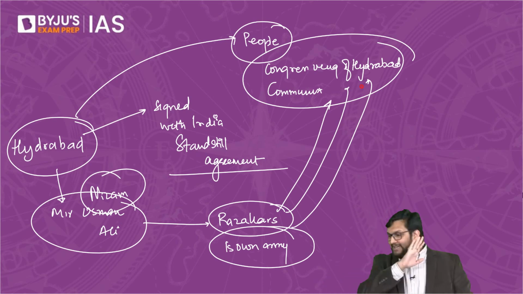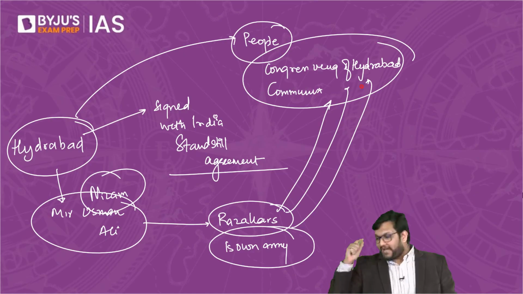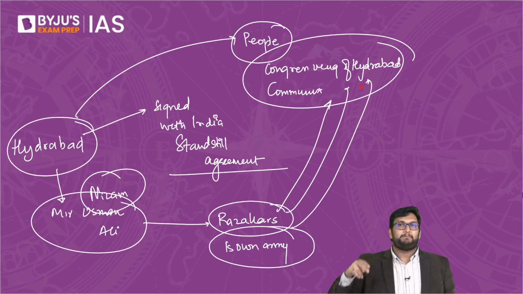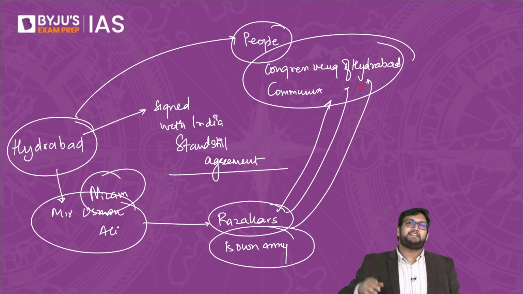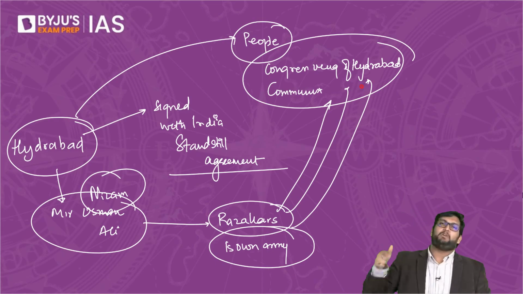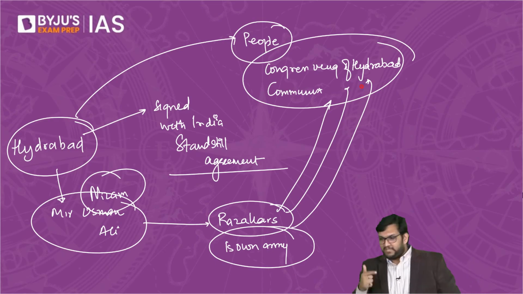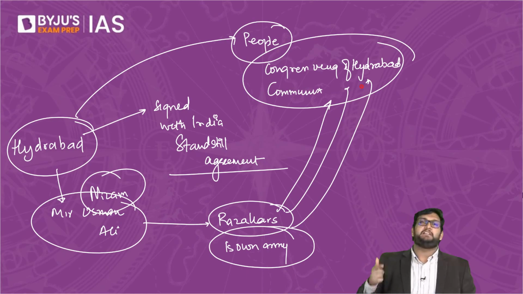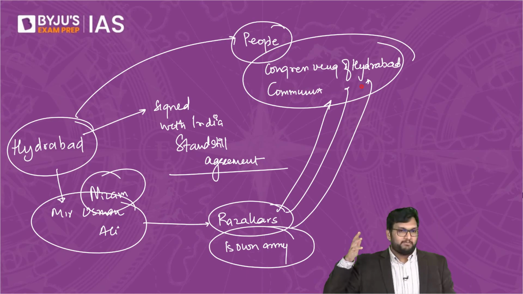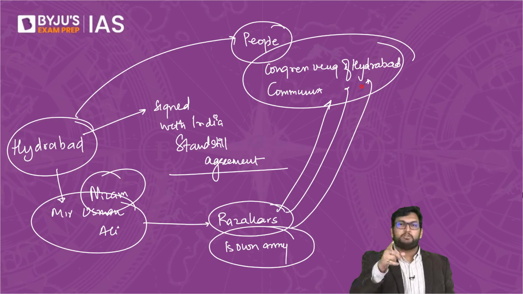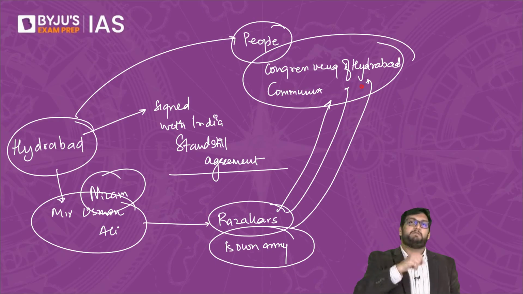And he said that I don't care what the world will think, but I can't let the people of a princely state die because they said that they wanted to be a part of India. And the Indian army is going to technically defeat the Razakars. Most of them will be shot, and the Nizam is going to be arrested for his genocidal violence which he did on the people.